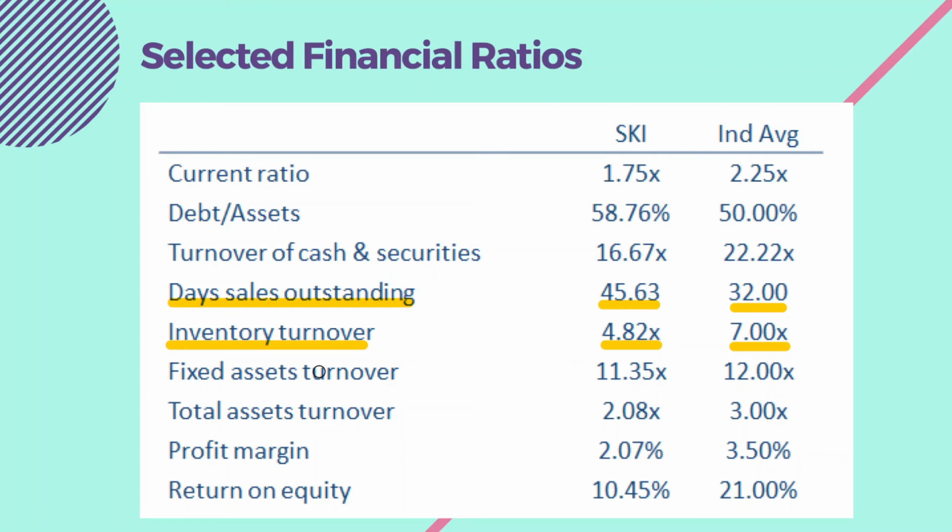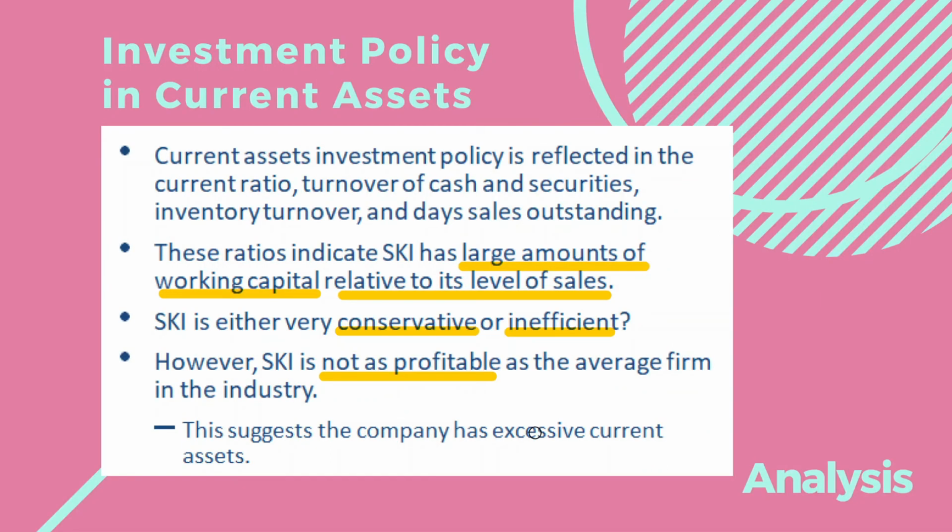In a preliminary analysis, we look at the profitability ratios of the firm. It suggests that the firm is not as profitable as the industry average. Our preliminary conclusion is that this may suggest that the firm has excessive current assets.